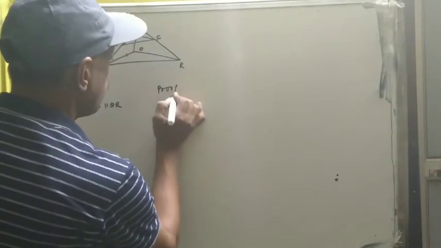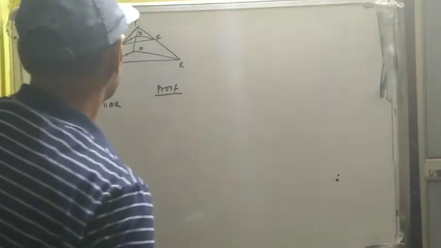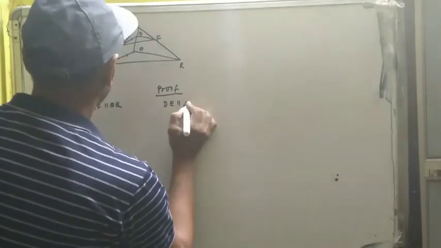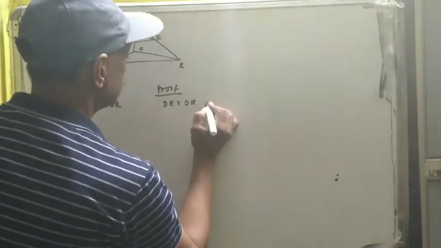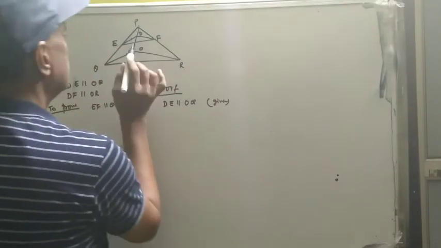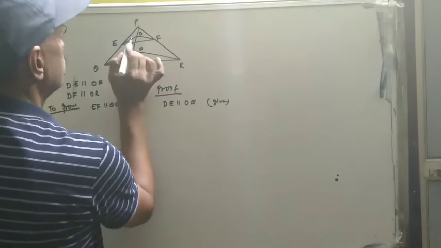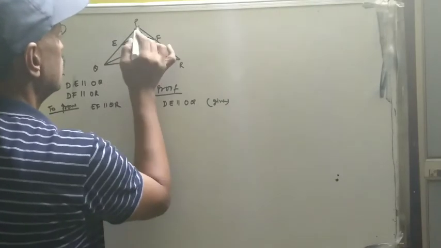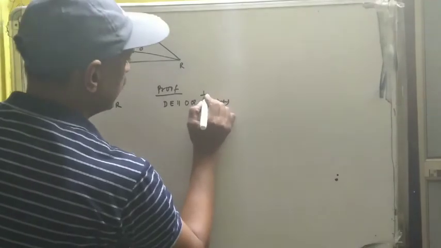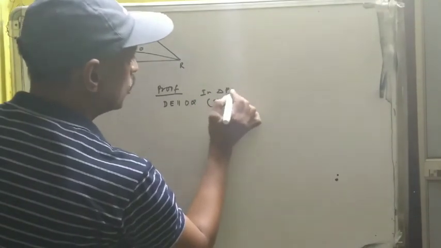Proof. In this question, at first DE parallel to OQ is given. So if this DE is parallel to OQ, then we are in triangle POQ.